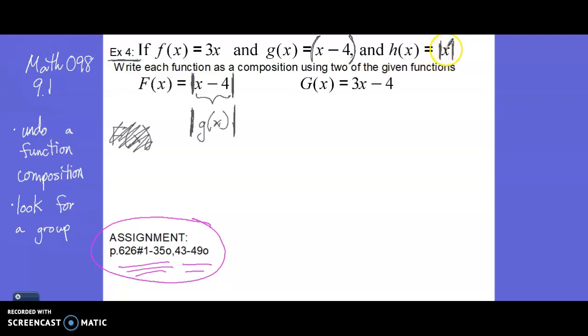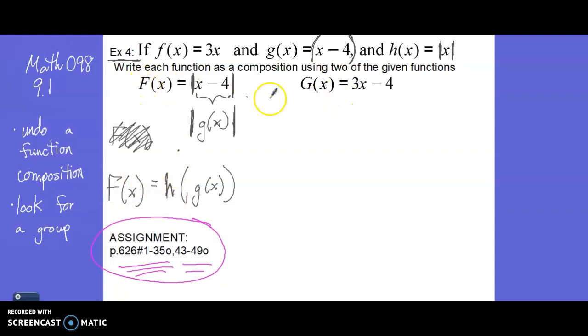So it's almost like we're replacing this x with g of x. So if I replace this x with g of x, I need to replace this x with g of x. So let me write it right here. So absolute value of g of x is really the same thing as h of g of x. And that's what capital F of x is equal to.